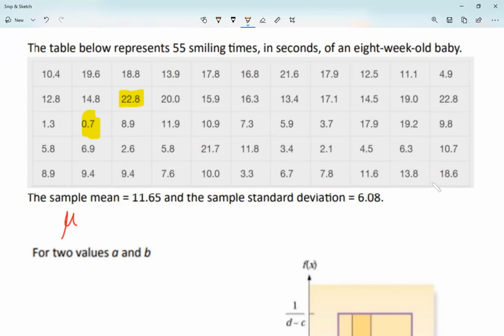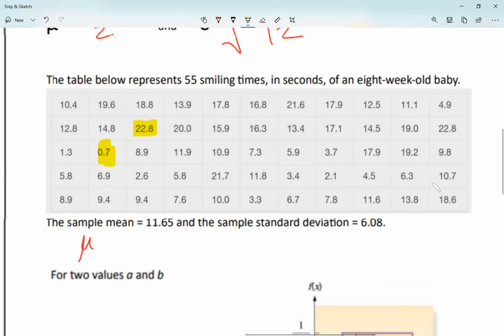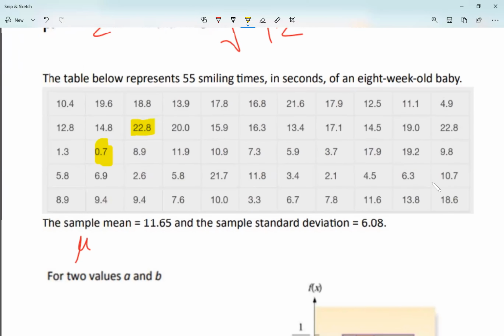Okay. Now, because I'm not going to be using decimals, I'm going to say this uniform distribution is in between the numbers 0 and 23.